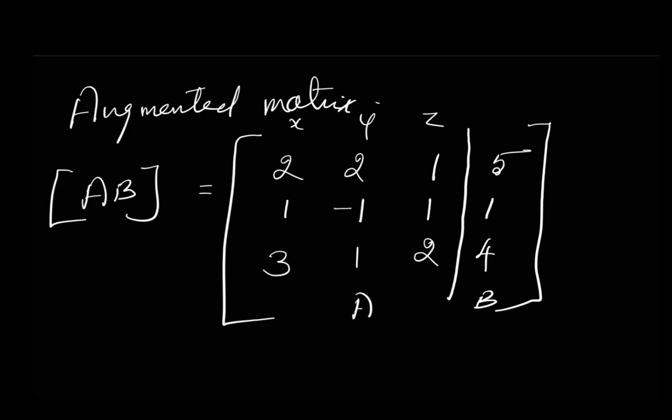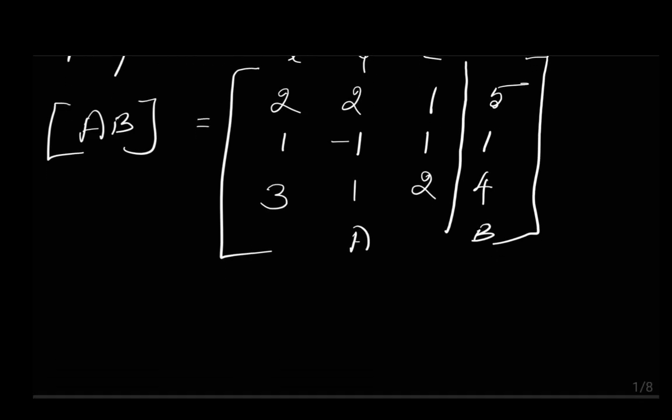So let me do the elementary transformation and bring it to the row echelon form. When you do this, first we must check whether the first element of the first row is 1. Here it is 2. So in that same column, check whether any of the rows has 1 as the first element.